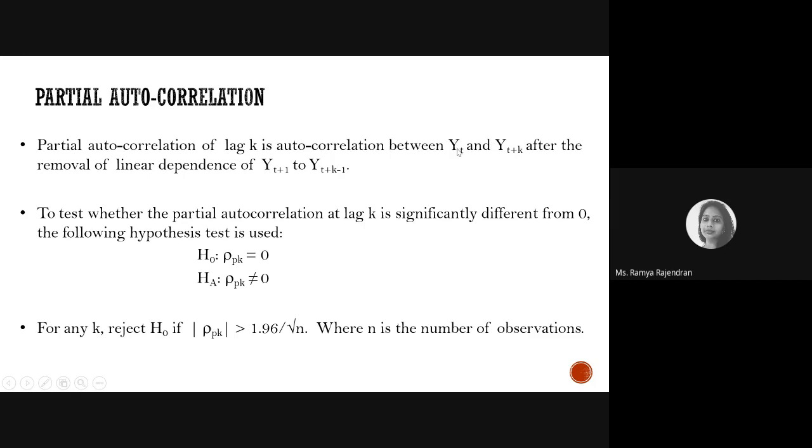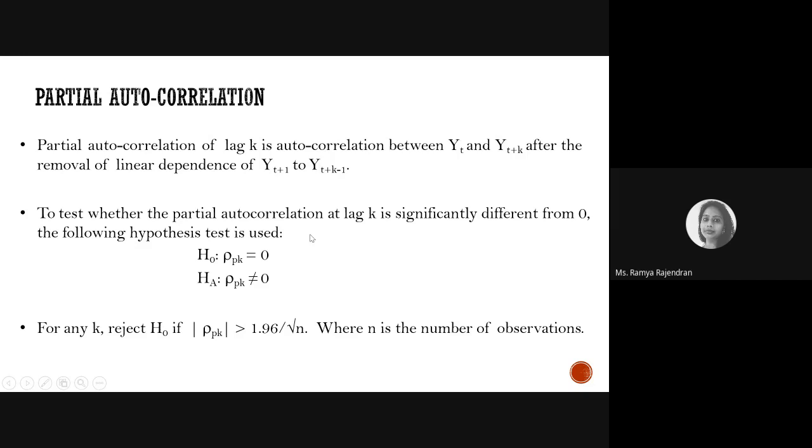For yt, we are trying to identify the relationship between only these two variables, not including the other variables within. So you are removing Tuesday, which is t+1, Wednesday, which is t+2, and so on. Here yt+k is today's value and yt is the previous Monday's value. I hope you are able to understand this.